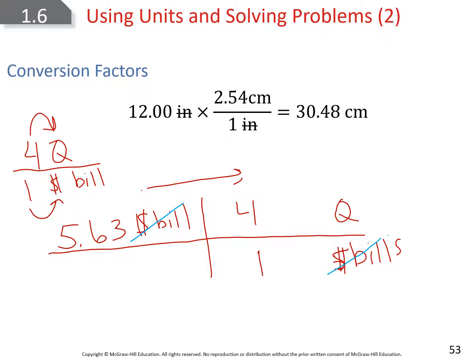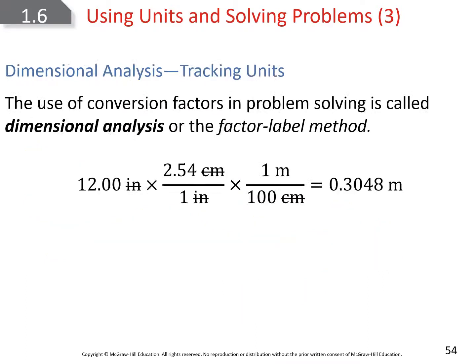So that's 22.52 quarters over 1. And of course it's over 1, so I don't really need to divide that, but I know that it would be 22.52 quarters in $5.63.